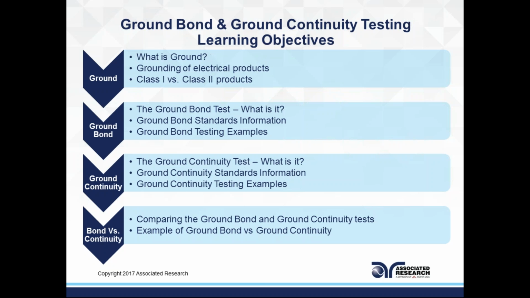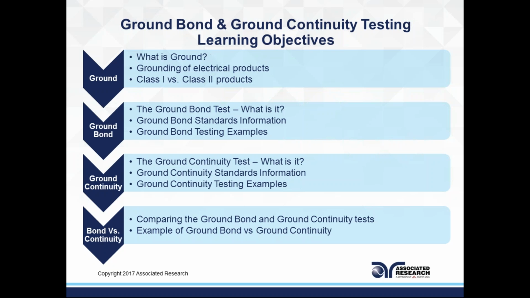So before we get started with the DUT, I would like to cover what is ground and what is the importance of having grounded DUTs or grounded appliances or grounded products, and then cover some of the differences between Class 1 and Class 2 products. Then I'll go over some of the ground bond test parameters, ground bond functionality, and how the ground bond test is performed, and also take a look at the most important factors to consider when you're looking at ground bond testing.